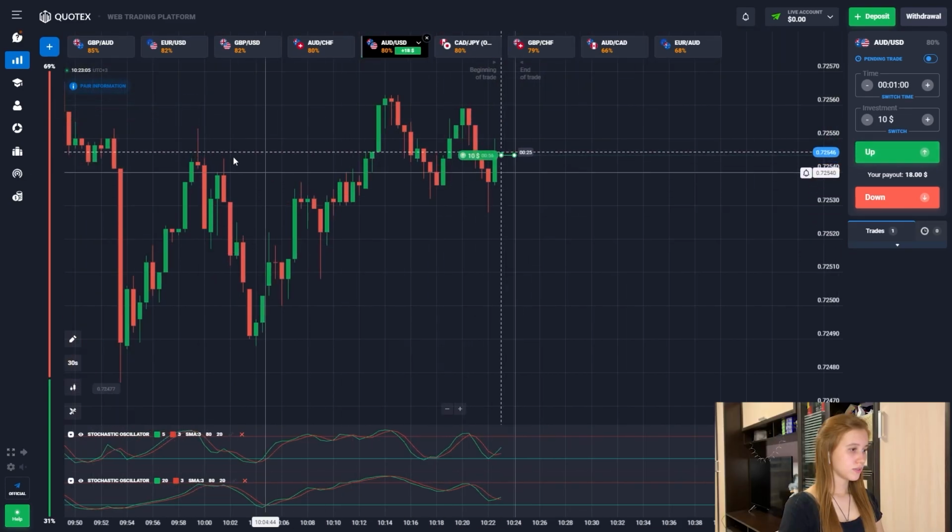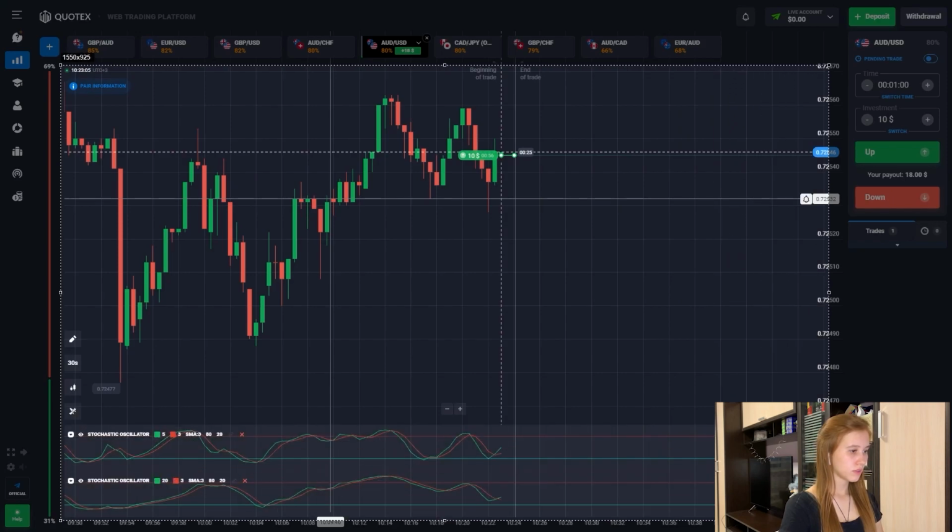So let's go for an increase here, and I'll explain why. Let's analyze. First, we have formed a support zone from which the price rebounded. Also a zone of resistance. We mark the corridor where the price is moving and we see a clear signal from the stochastic. The signal gave us that we need to put on an increase.